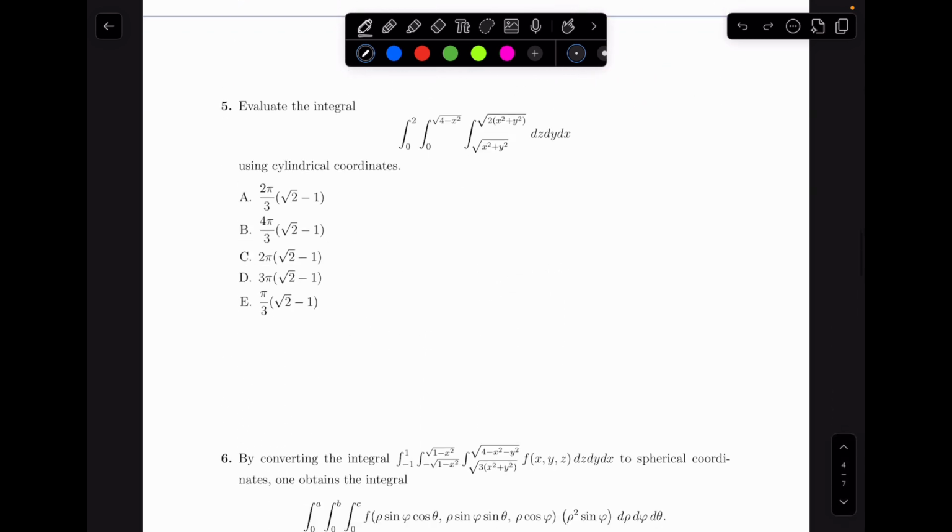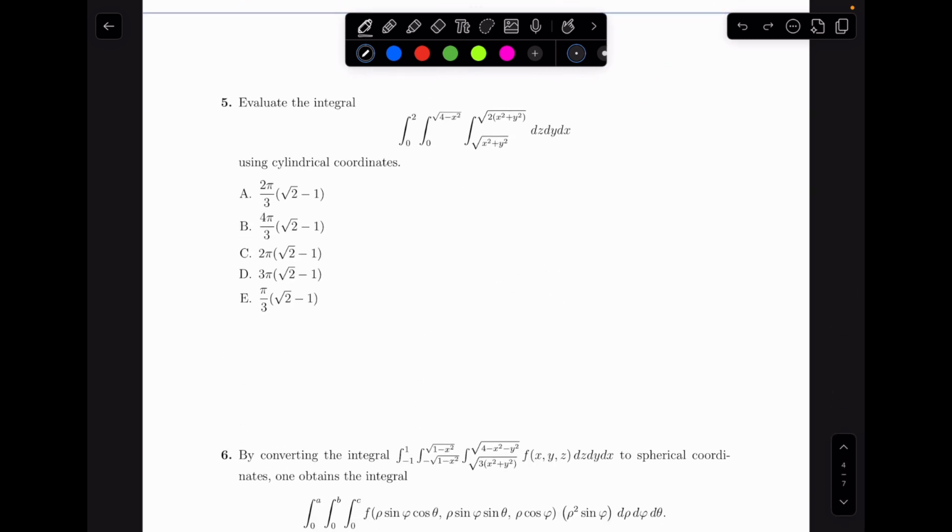But very nice. Question 5, evaluate the integral 0 to 2, 0 to square root of 4 minus x squared, square root of x squared plus y squared to square root of 2 times quantity x squared plus y squared, dz, dy, dx, using cylindrical coordinates. I mean, who would have thought, right? Cylindrical coordinates, and we have all the x squared plus y squared. But I digress.